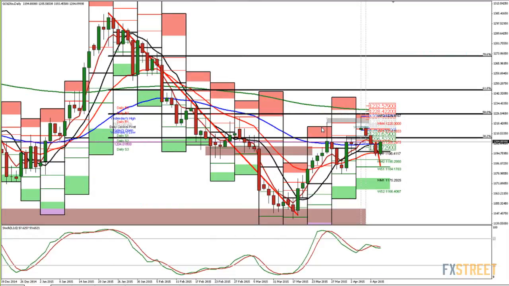We've made a higher high up to about 50%, higher low, double top at the 50%, and I think we're going to make a lower high, lower low, back down to 1155. What do you think? Smell like a plan?